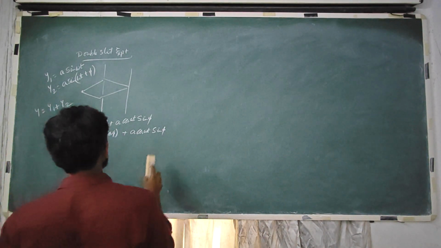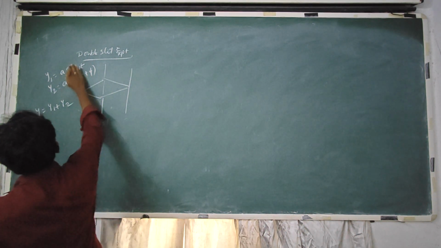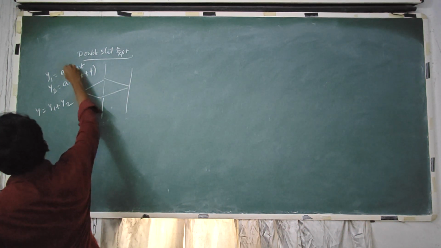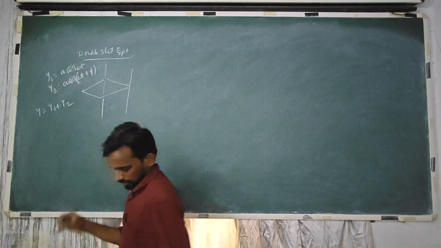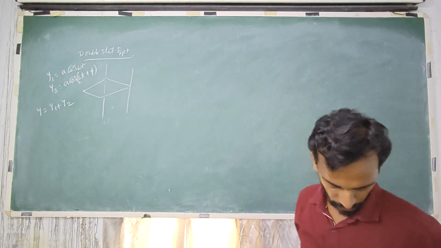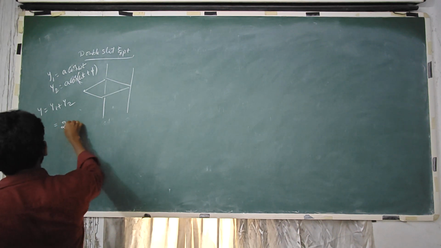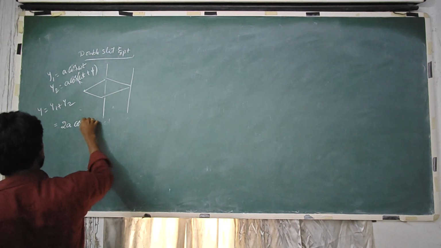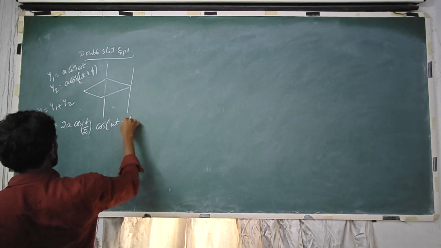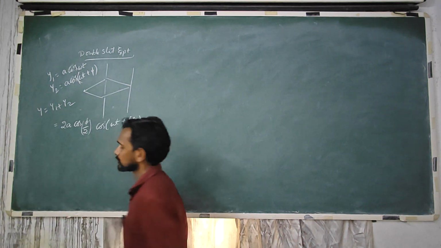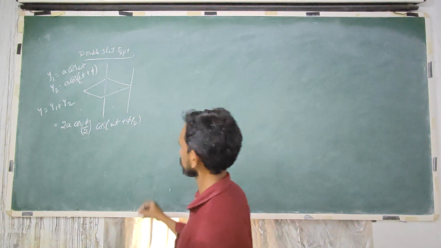Let's go for an alternative version. Instead of sin omega t, you have cos: a cos omega t and a cos(omega t plus phi). If you add both of them, what you get is 2a cos(phi by 2) cos(omega t plus phi by 2). This is the result that you get when I add both of them.